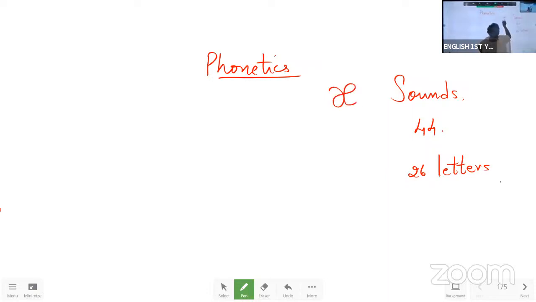I've asked you to download this particular app. If you type sounds in the Play Store, you will get that kind of symbol, and it tells you how to go about pronouncing, because vowels are very difficult to pronounce.